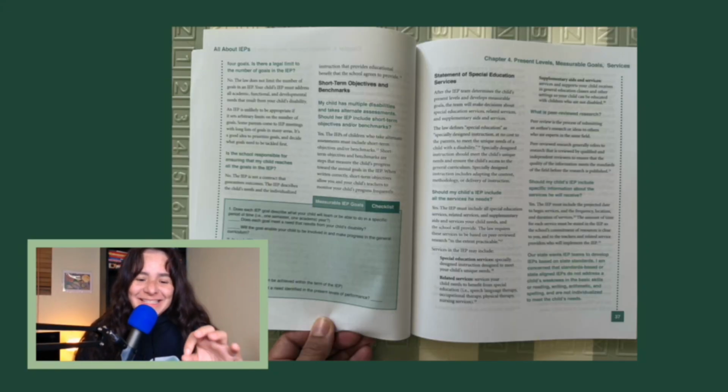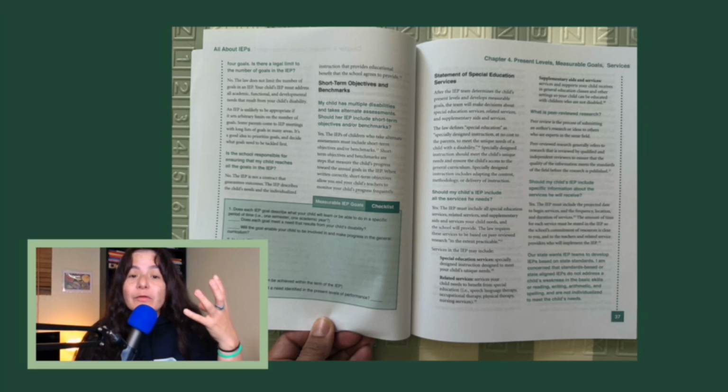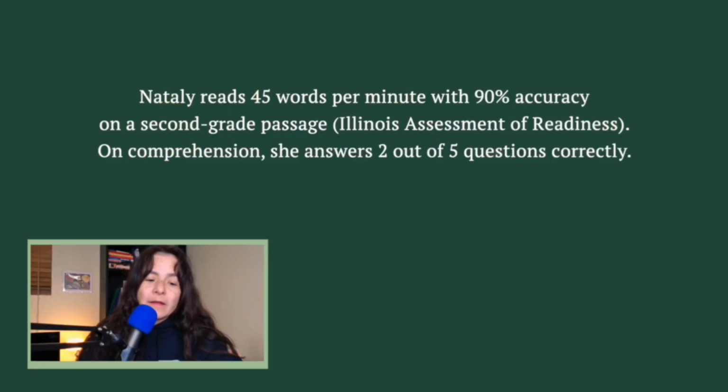Wrightslaw reminds us that present levels must be based on objective information from assessments, observations, and parent input. Here's a stronger teacher level example. Natalie reads 45 words per minute with 90% accuracy on a second grade passage. Illinois Assessment of Readiness.